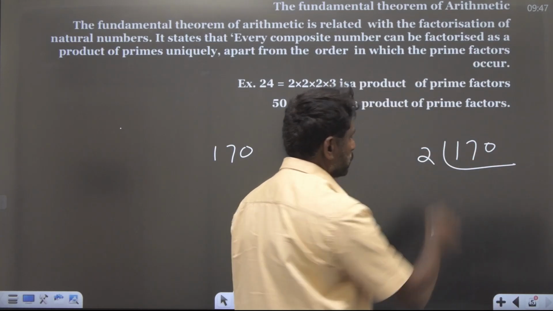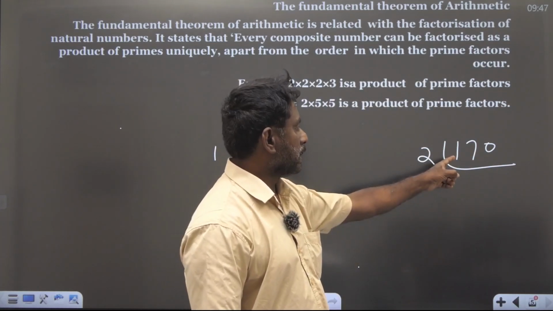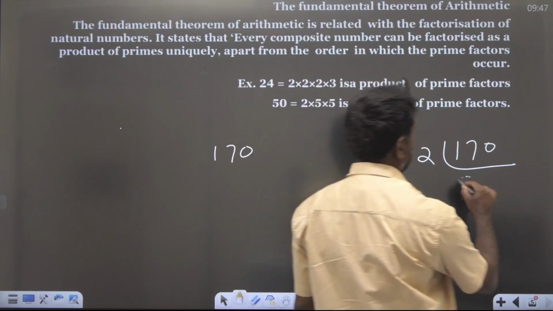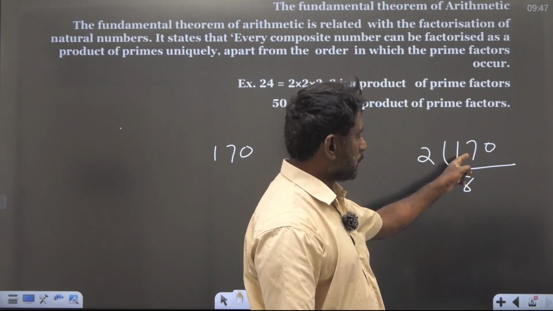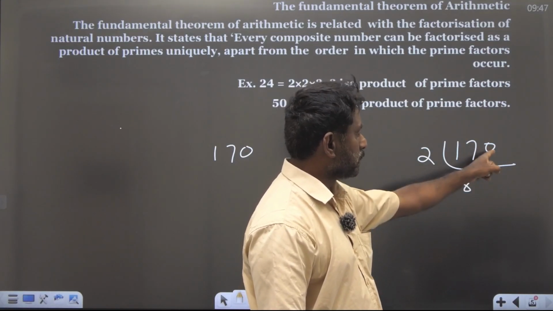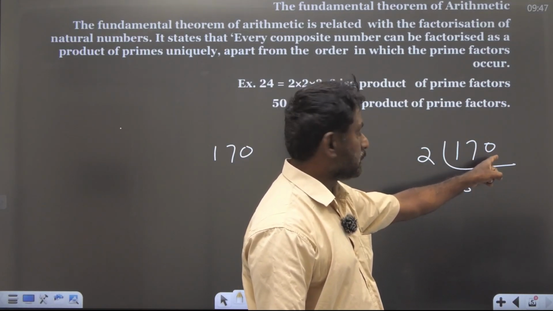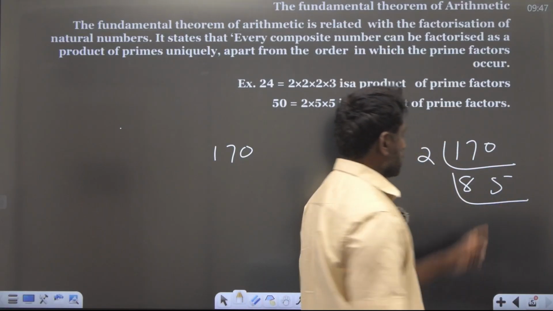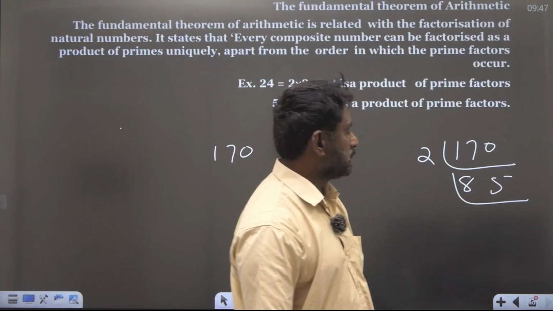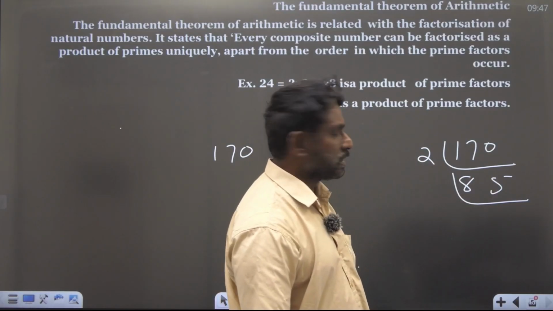Is it possible with 2? Yes, it is possible. 2 into 8, 16. Remainder is 1. 1 carried on here. What is then 10? 10 divided by 2, that is 5. Here it is an odd number. Last digit is 5. So with 2 it is not possible.